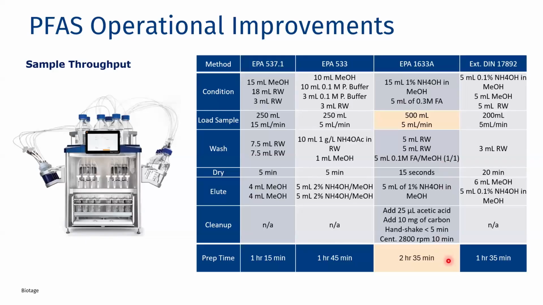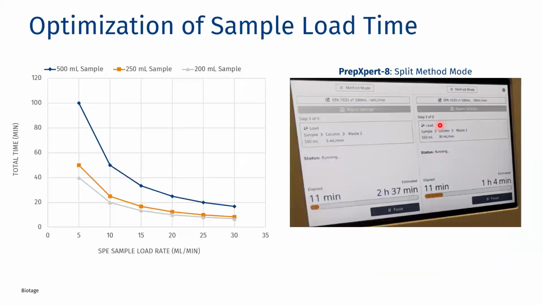And when you look at this, you see the biggest bottleneck in this method is that it processes 500 mils of sample at 5 mils per minute. That's what it recommends. So we took a look at this to see, can we improve this? Can we increase the load rate to make this a more efficient extraction?